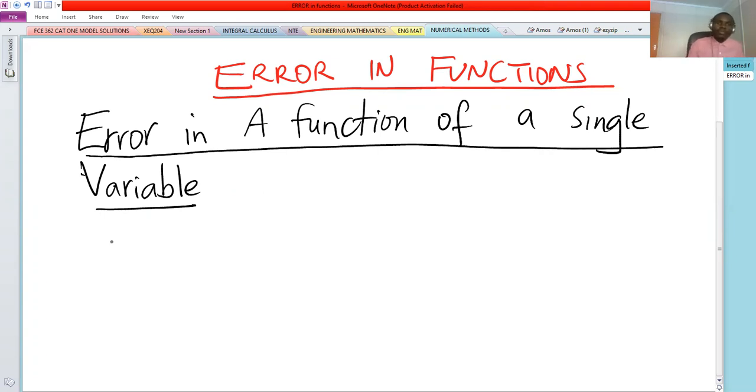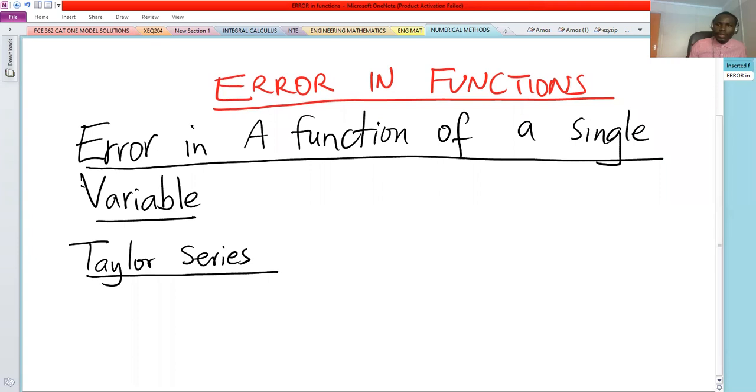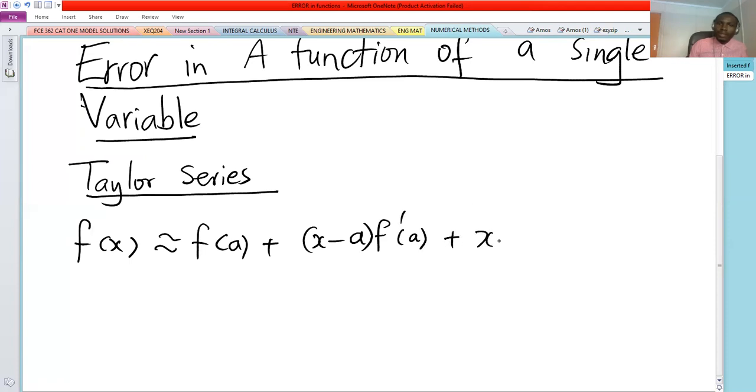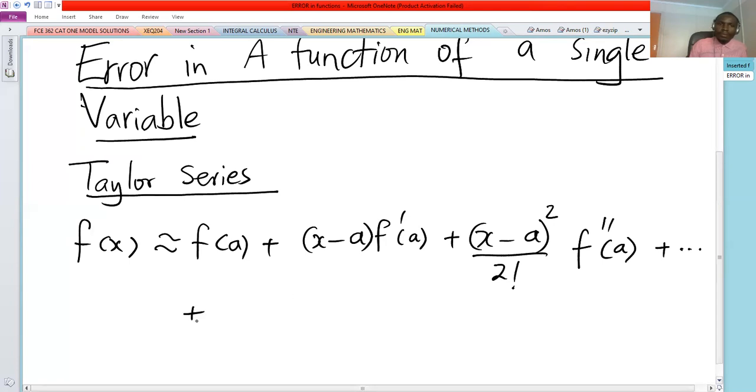To derive the formula, the first thing is the Taylor series. The Taylor series of a function about a point is given by f of x approximately equals f of a plus (x minus a) times the first derivative at a, plus (x minus a) squared over 2 factorial times the second derivative at a, plus other terms up to (x minus a) to the power n divided by n factorial times the nth derivative at a, plus a remainder term.